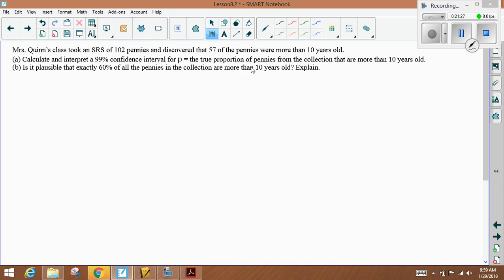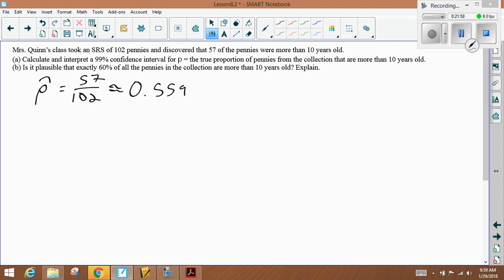Now the rubber has hit the road. Let's calculate and interpret a 99% confidence interval for p, the true proportion of pennies from the collection that are more than 10 years old. So, remember, p hat was 57 out of 102, which we said was approximately 0.559.